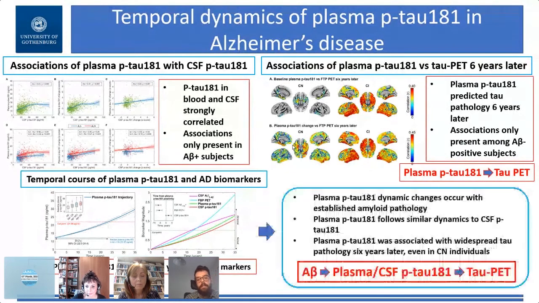So together, the results of this study can be summarized in the following sequence of events. Amyloid seems to come first, then elevations in plasma and cerebrospinal fluid phospho-tau, followed finally by neurofibrillary tangle aggregation as measured with tau PET.